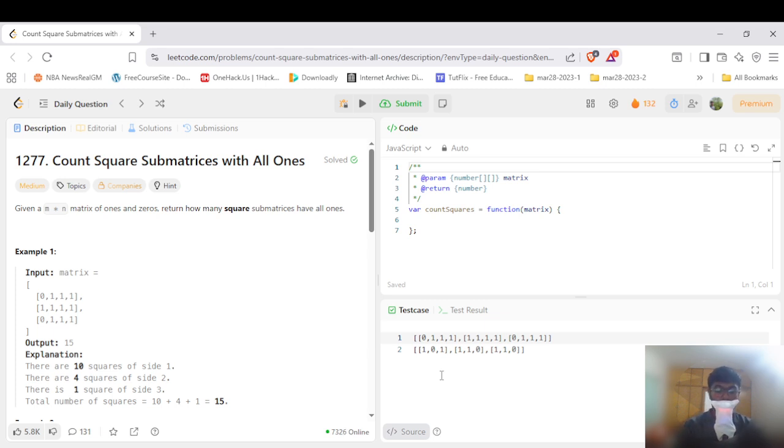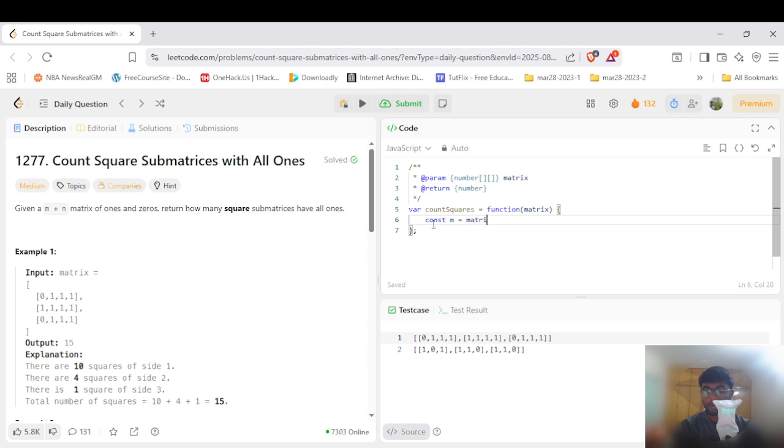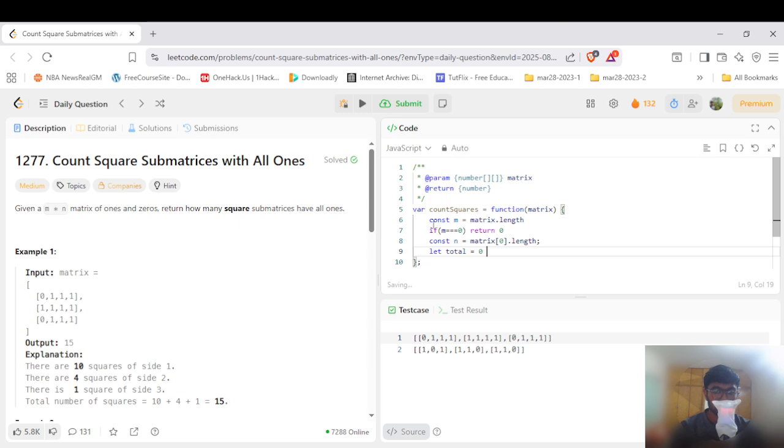Okay, so let me start coding this up. So this is the total number of submatrices with all ones only.